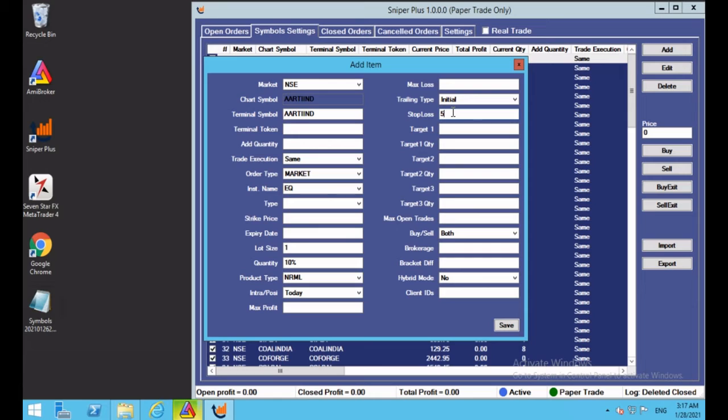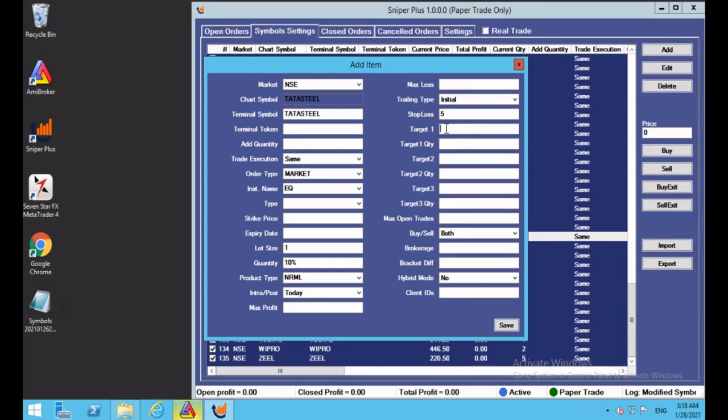But if the trend is changed, imagine the market goes up, the 98 stop loss is triggered, and then the market comes down and we get a sell call, then the buy will be removed automatically by Sniper.